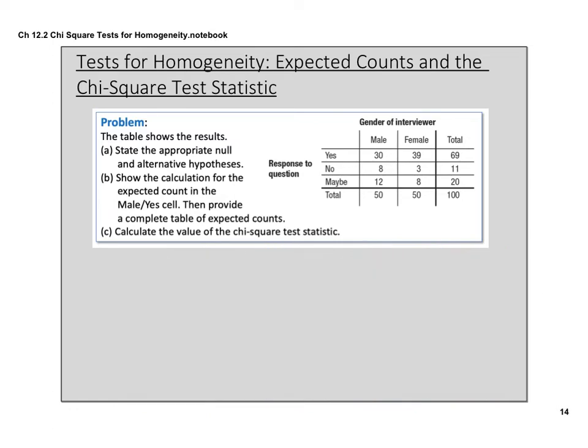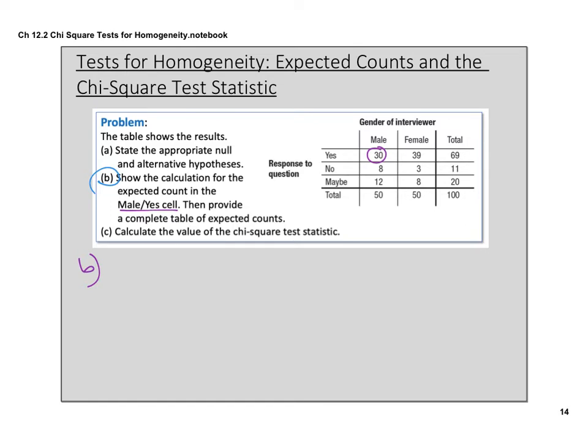All right, so let's look at B. So show the calculation for the expected counts in the male yes cell. So they just want you to show the expected counts for one of them. So male and yes, okay?